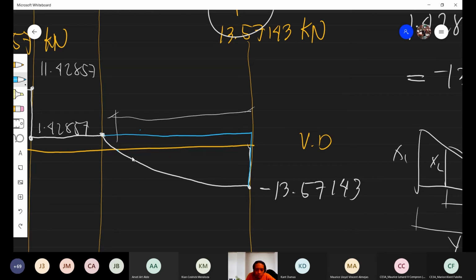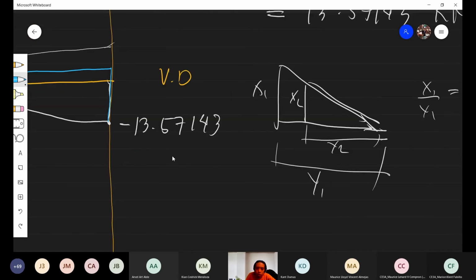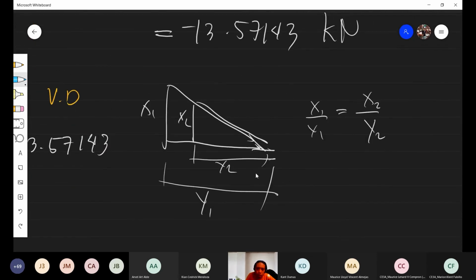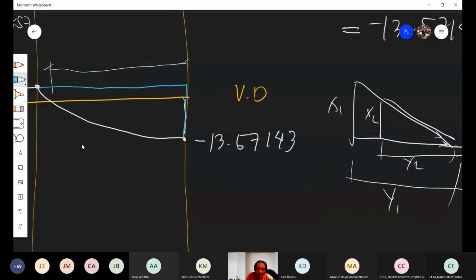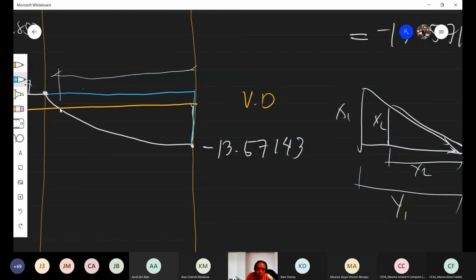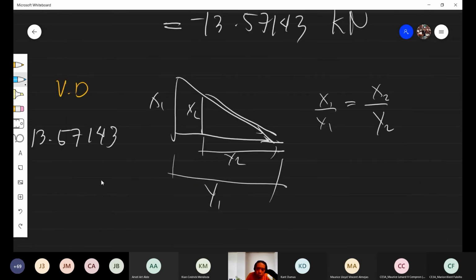Okay? But since this is a curve, we cannot use this relationship. It must be for a curve. So what is the degree? When x doubles, y does not just double. So x doubles, so by the squared property, this is squared.